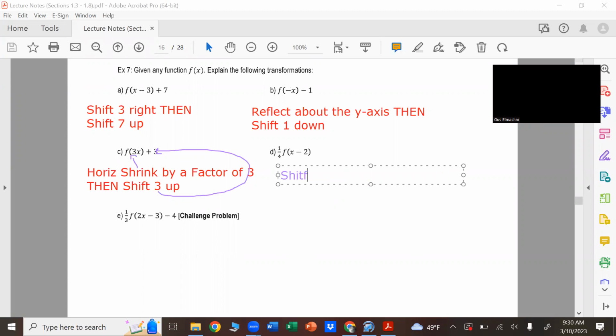You're gonna shift to right, then vertically shrink by a factor of 4. And this last one here, we'll just skip it for now. Let's not do it.